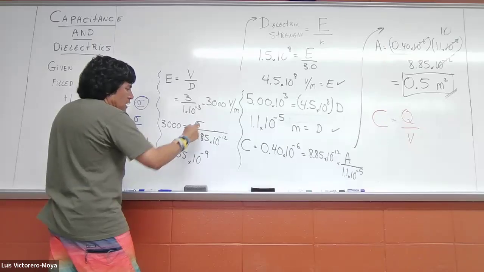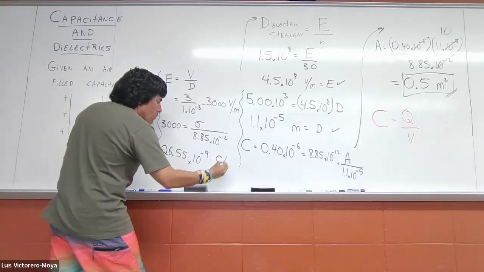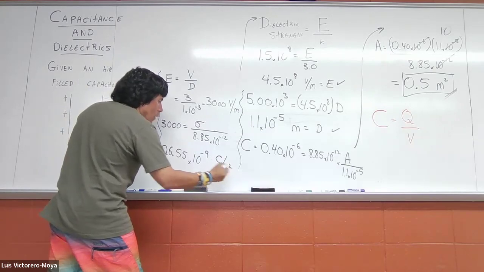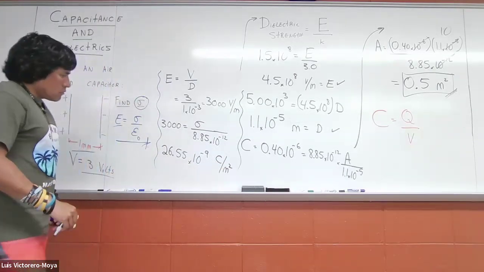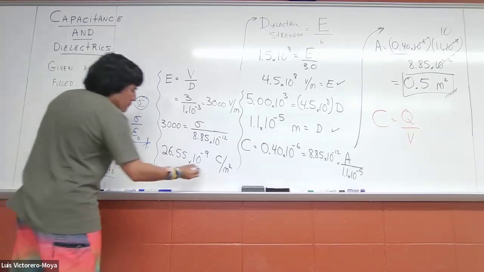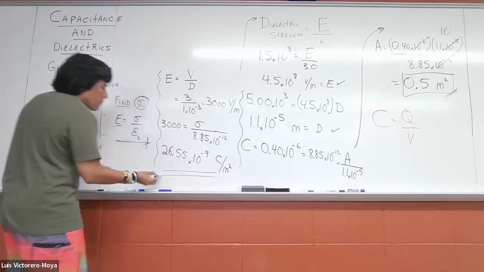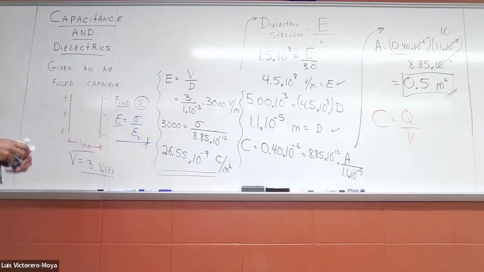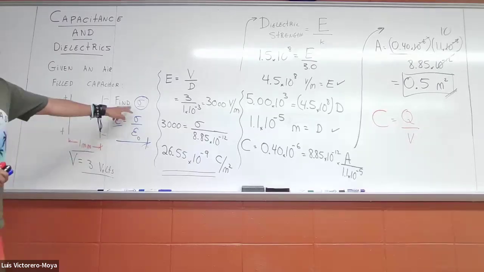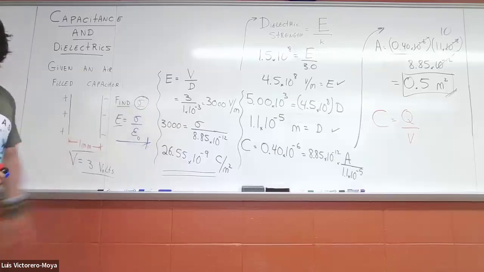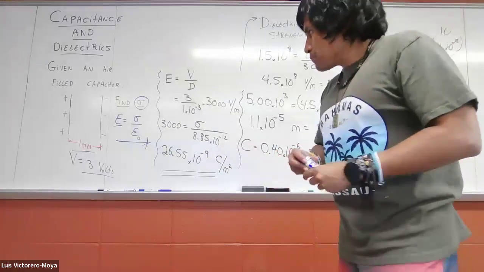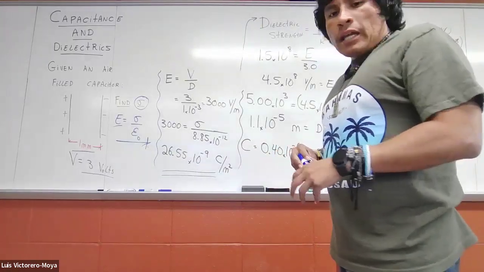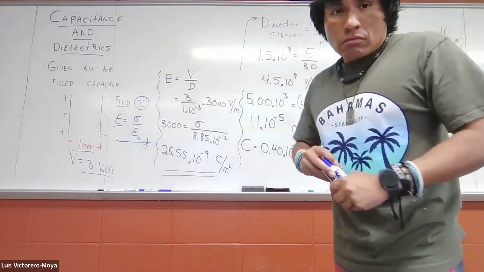And the units for sigma are coulomb per meter square. There you are. So that's how you use that other equation there to find sigma. All right. Any questions about this?